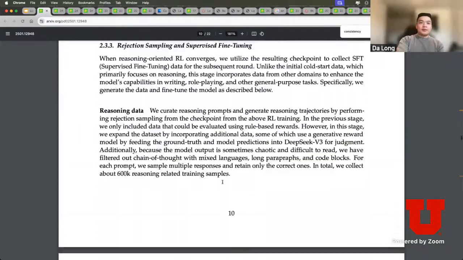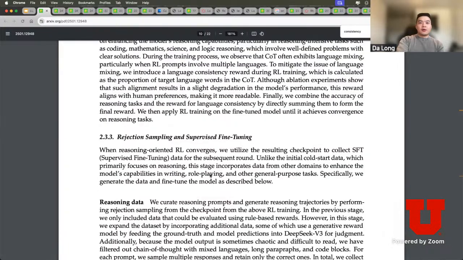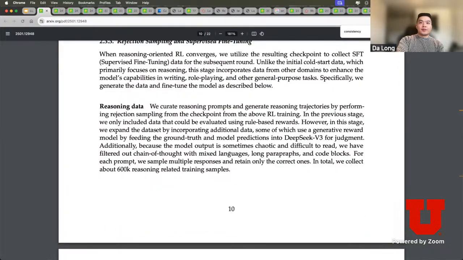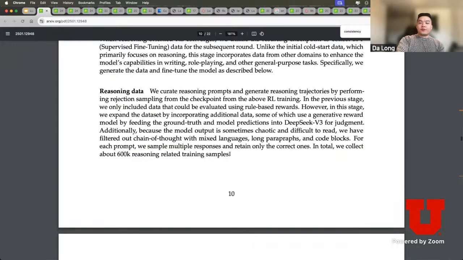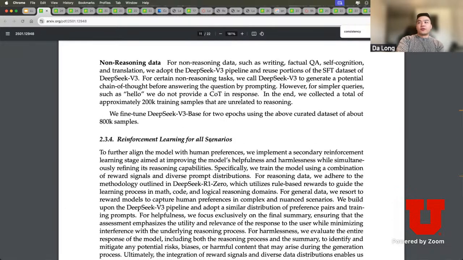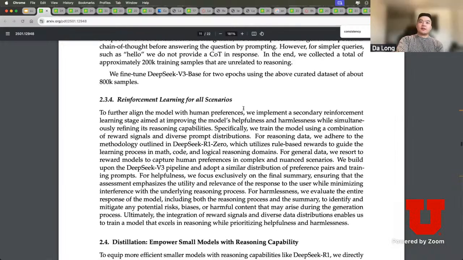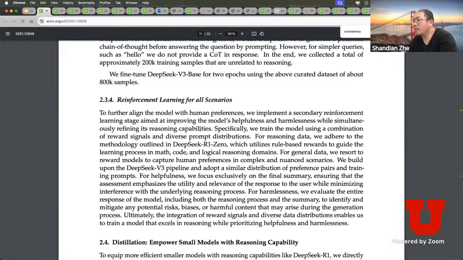For the DeepSeek R1, the first reinforcement learning is just for collecting the data. The second reinforcement learning is not based on the first reinforcement learning model. Yeah. They get another V3 base, fine-tune it and do the reinforcement learning. And finally, they got an even better model, right?